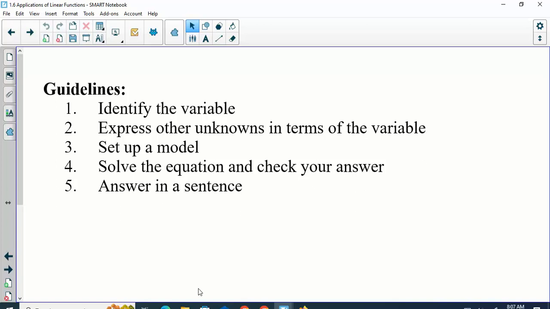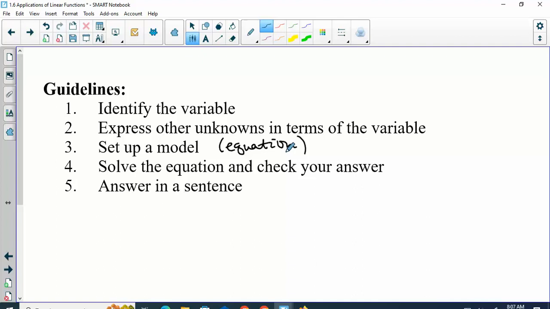Third step is setting up a model. That is writing your equation. Okay, that's how we are going to go about solving our problem. Fourth step, we need to solve it and check to make sure our answer is reasonable.